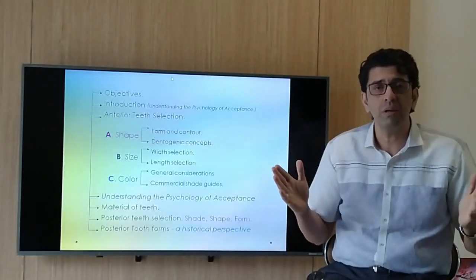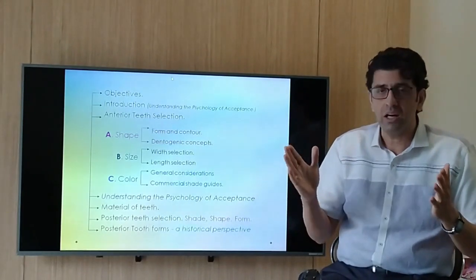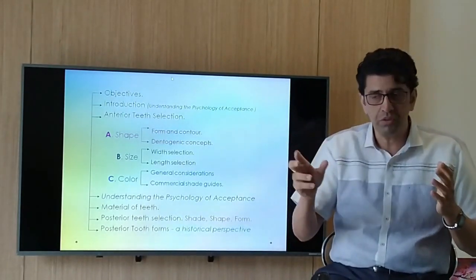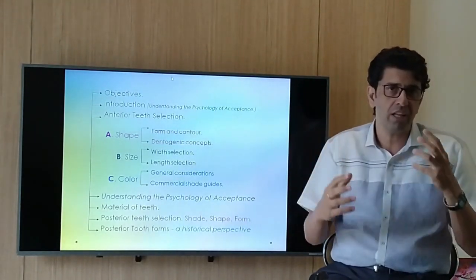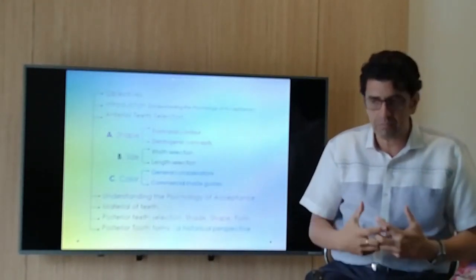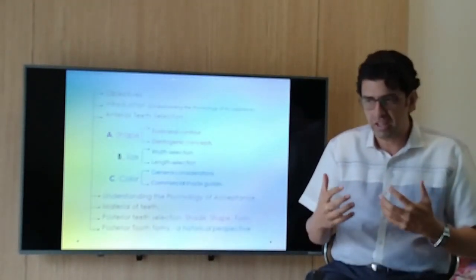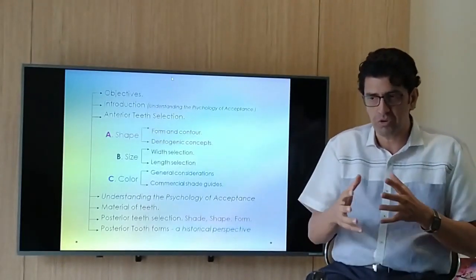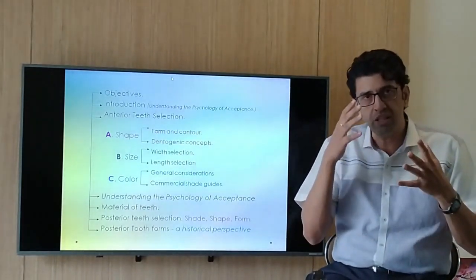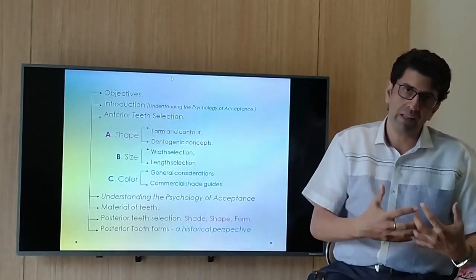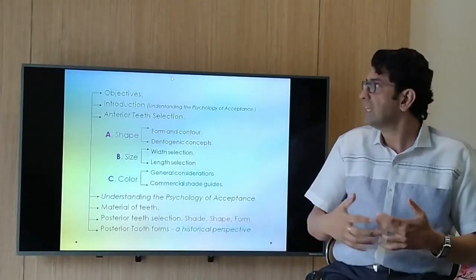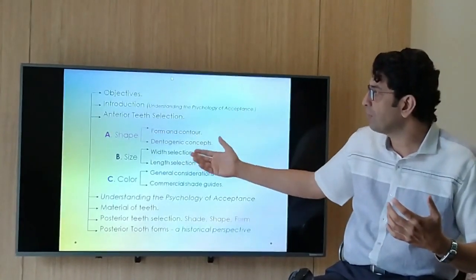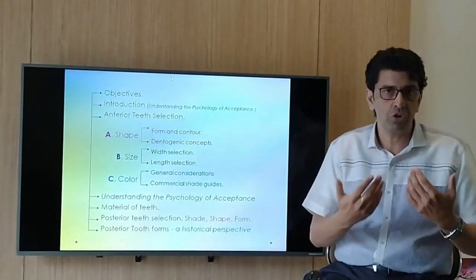Okay. As we went through the topic, we looked at the objectives, we looked at a bit of an introduction as to understanding the psychology of acceptance. We're going to look at different other factors like anterior teeth selection, of which there are 3 different parts: selection of the shape, selection of the size, and selection of the color. And in the selection of the shape, you have form and contour, and you have dentogenics.